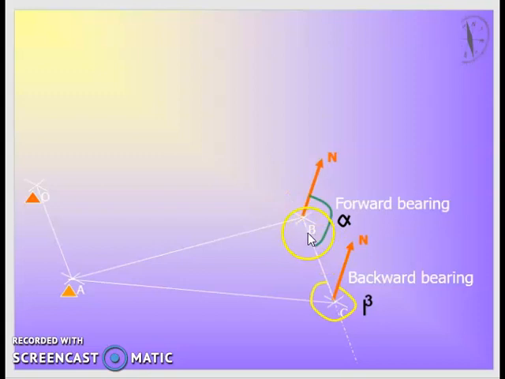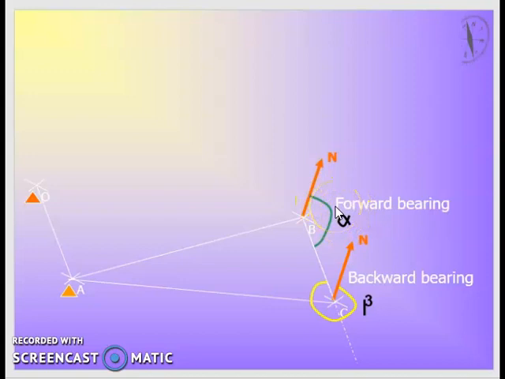So let us look at the line BC, and using that line we try to explain again the concept of forward bearing of the line BC and backward bearing of the line BC. If you are talking about forward bearing of the line BC, what you are talking about is in fact the angle alpha. And how do you get the angle alpha? Well, you place the north at the starting point of the line BC and you rotate in a clockwise direction to the line BC, and you get the forward bearing alpha.